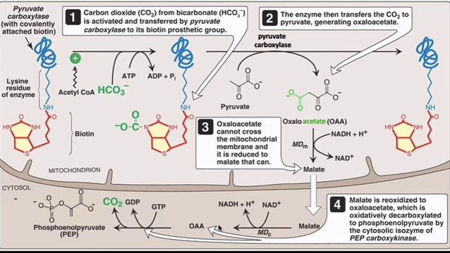So now the second part of the question, why do the rest of the steps in gluconeogenesis take place in the cytosol? Most of the enzymes in gluconeogenesis are the same as the enzymes used in glycolysis for all those reversible steps. Since glycolysis occurs in the cytosol, most of gluconeogenesis also occurs in the cytosol. For that matter, the final product of gluconeogenesis is what? Glucose 6-phosphate. And where do you want glucose 6-phosphate?